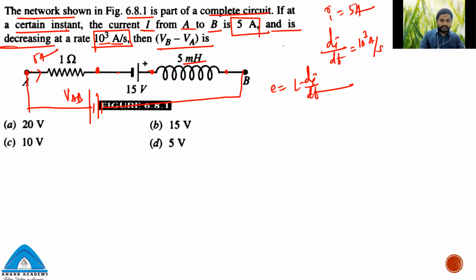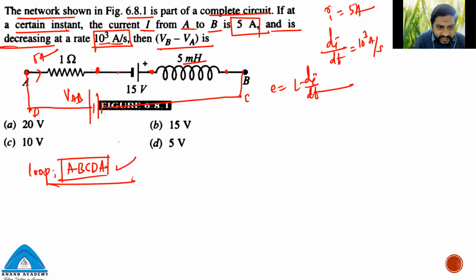Okay, now listen. A current I is flowing here from here to here. Let's say this is A, B, and this is C and D, A. So the loop of consideration is A, B, C, D, A. This is our loop.